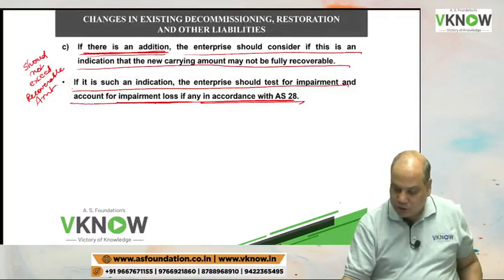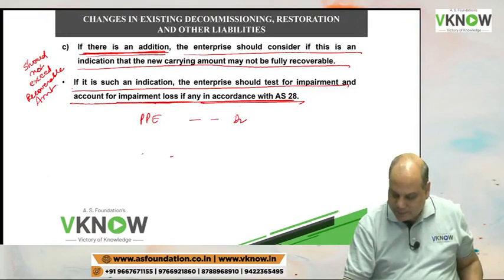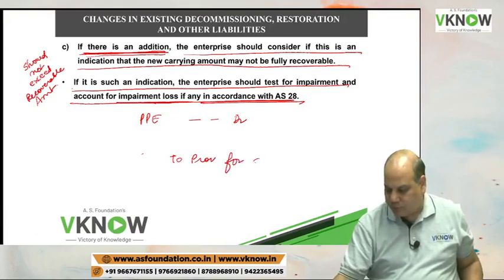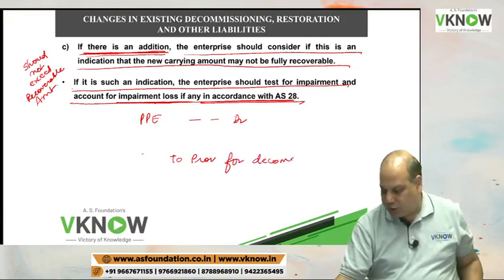So here the journal entry would be: PPE account debit, to provision for decommissioning expense.